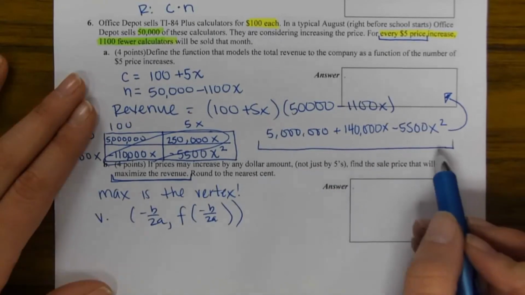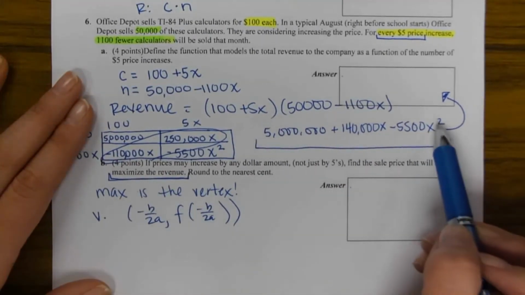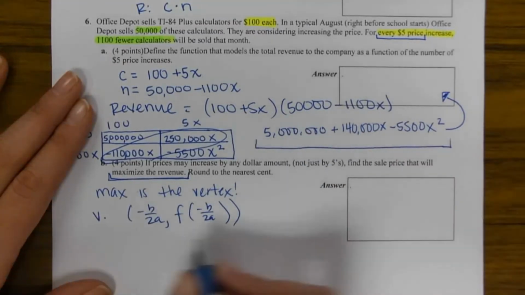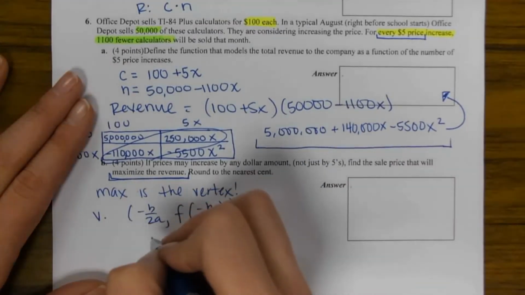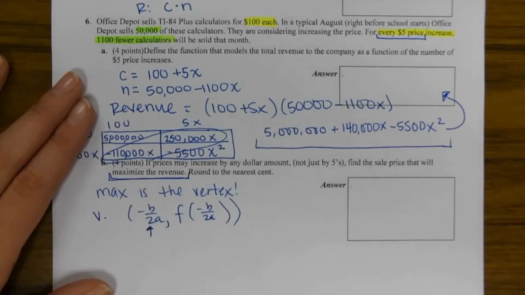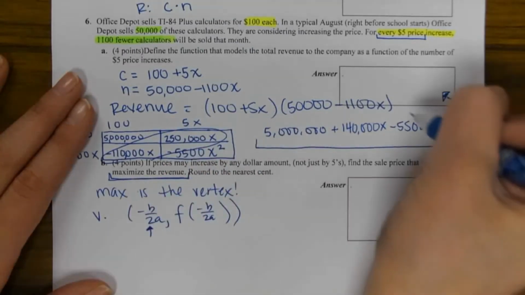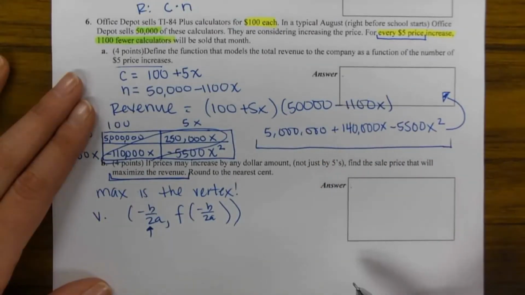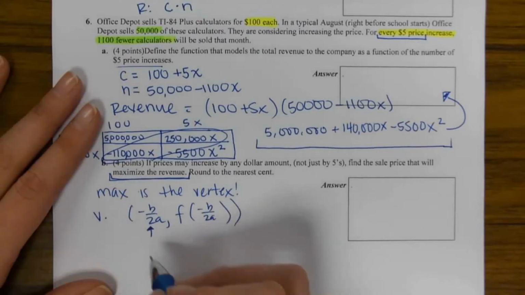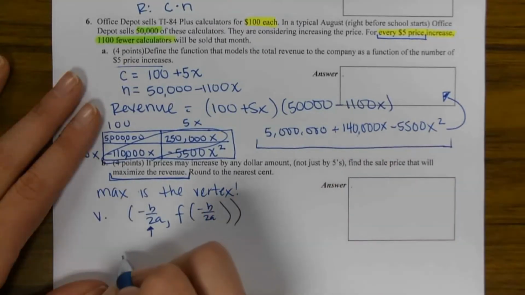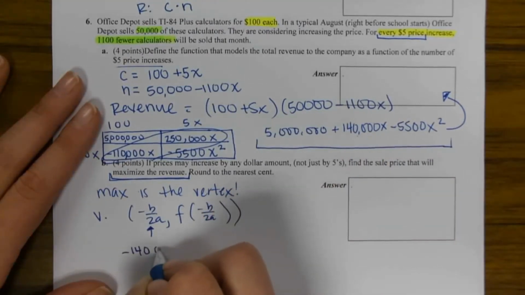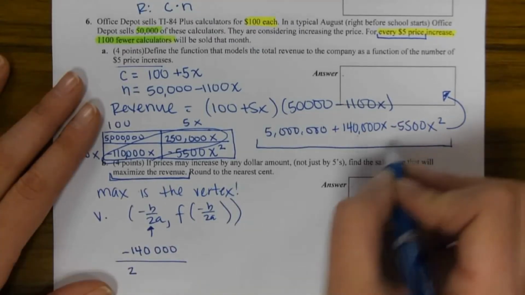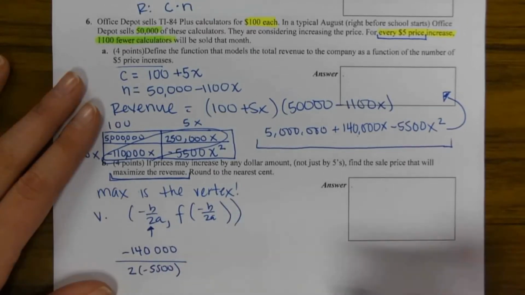So we have our equation here. A always goes with x squared, b always goes with x, and c is always just that constant. And so I could figure out what the number of price increases is going to be. So x is the number of price increases. We've already talked about that. So if I do negative b over 2a, here's my b. So negative 140,000 divided by 2 times a, which is negative 5,500.